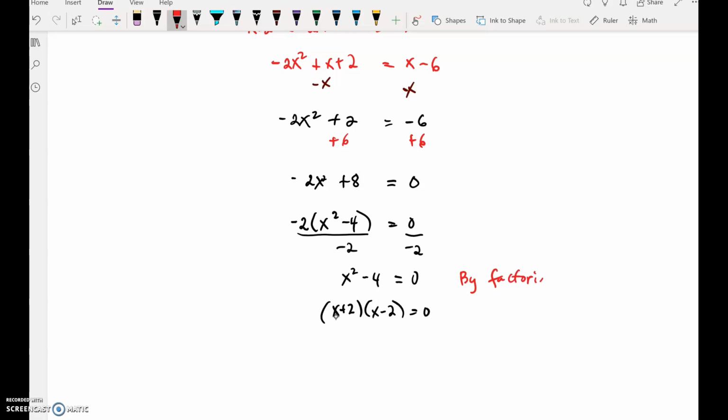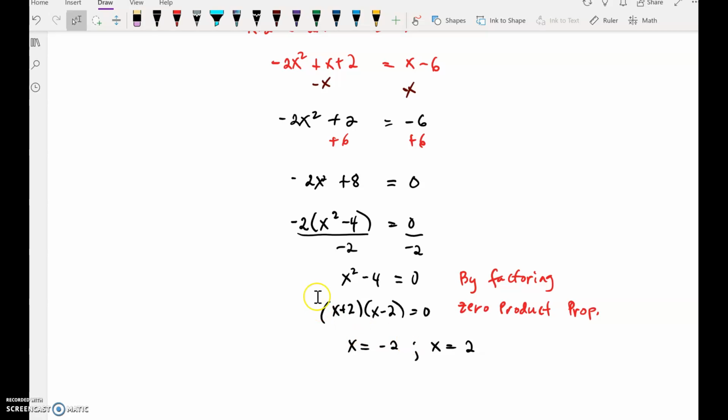As I have factored the x squared minus 4, the next thing I will do is use the zero product property, then I will get an x value of negative 2 on the first part and an x of 2 on the second part.